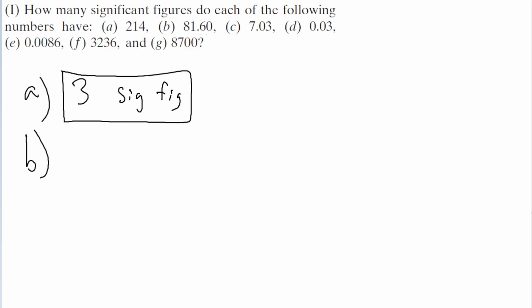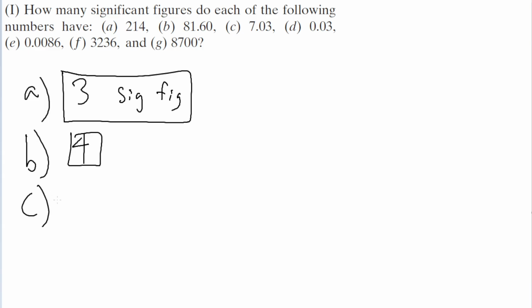According to the typical rules for significant figures, any zero that is considered a trailing zero, meaning any zeros on the far right side of the number, at the end of the number, after the last non-zero digit, will be considered significant if the number has a decimal point. So because this number has a decimal point, any zeros at the end of the number after this 6 would be considered significant. So the 0 is counted here. So all four of these digits are significant.